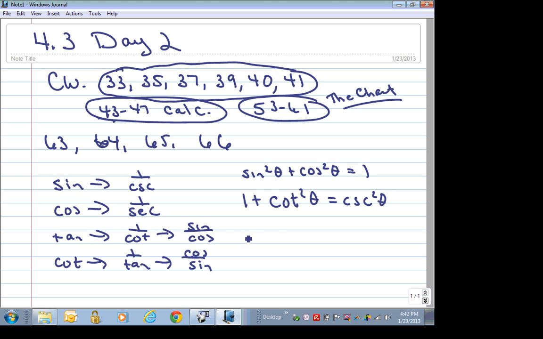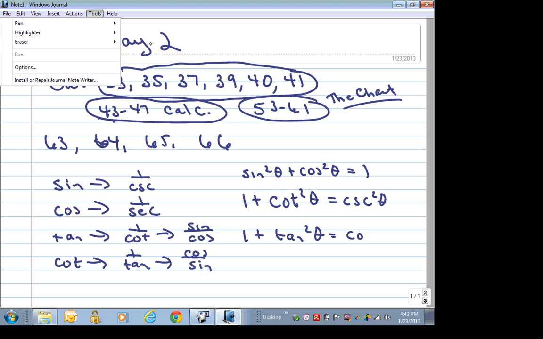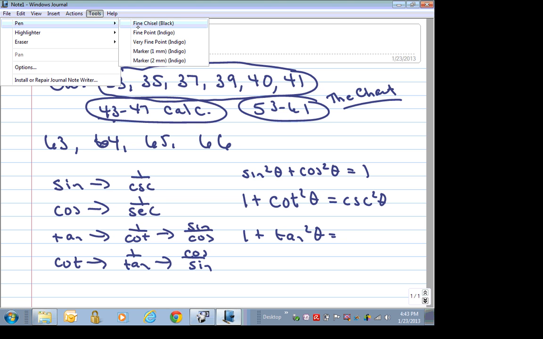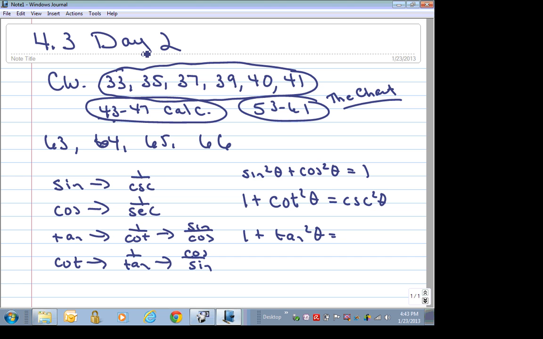And the last one is 1 plus tan squared theta equals secant squared theta. Sorry, I was talking faster than I'm thinking right now.